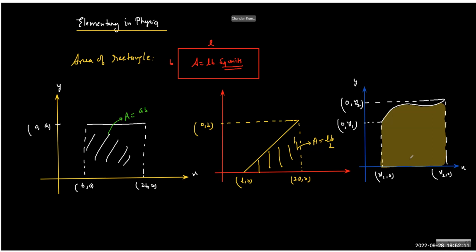Yes. How many? Two, I guess. Two rectangles. Which one? Can you annotate? I would like to see. One from 0, y1 to x2, y1.